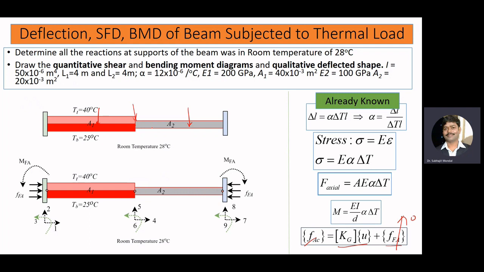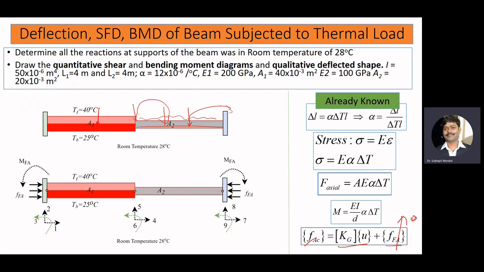If the forces are acting in between the element, in that case you need to convert all the forces into equivalent nodal forces, which is basically the fixed end action or fixed end forces. Whatever load is acting here, we are converting into equivalent nodal forces.